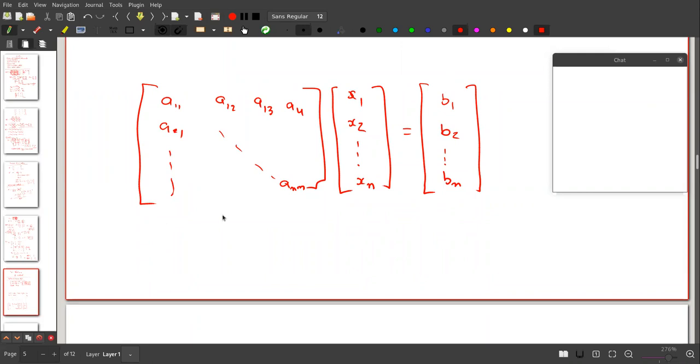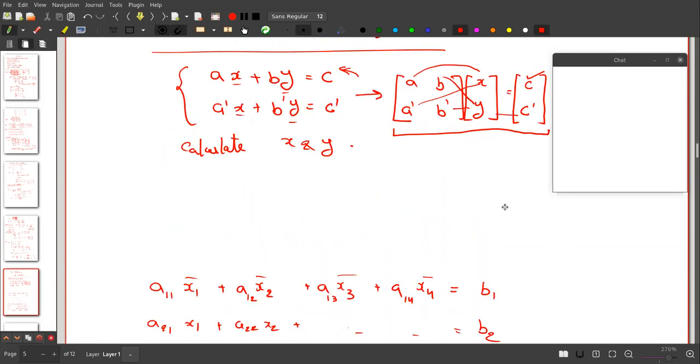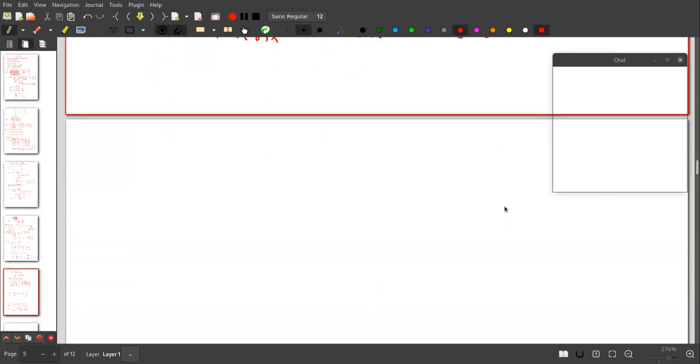So this is a matrix. This is a vector, and this is also a vector. Vector means it has, say, n rows by one column. Let me give you one example.